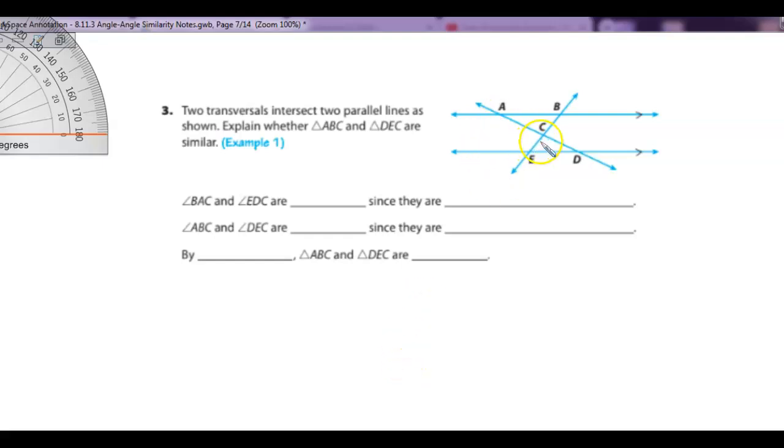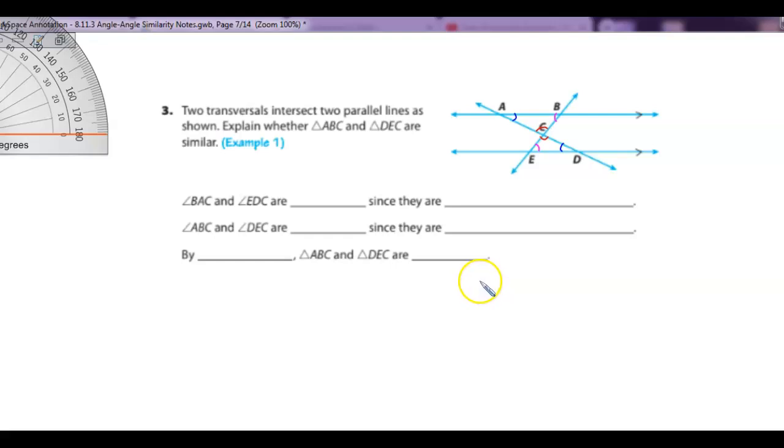Okay, so we know that this angle and this angle are the same. And we know that this angle and this angle are the same if I just go by alternate interior. And we know because of vertical angles that this angle and this angle are equal to each other.